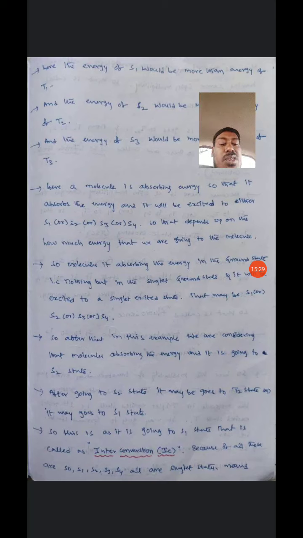After going to the S2 state, it may go to the T2 state, or it may go to the S1 state. As it goes to S1, that is called interconversion or internal conversion.